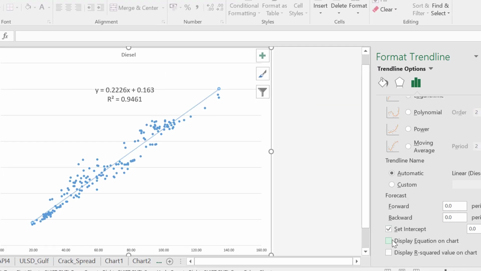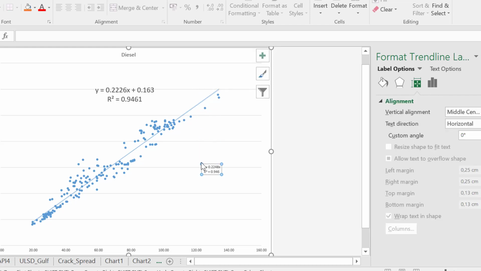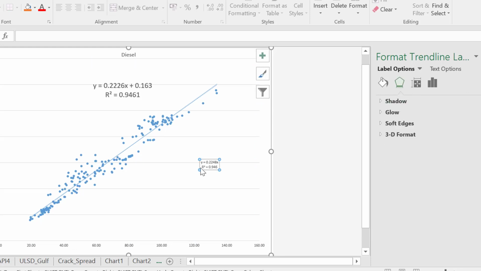So we'll set an intercept of 0 and display the equation on the chart. So this is really just a review. A lot of this stuff I'm doing is just a review, but that's our big trick for the x-axis for a scatter plot. No x-axis label. I'm just going to say it twice, not 3 times.